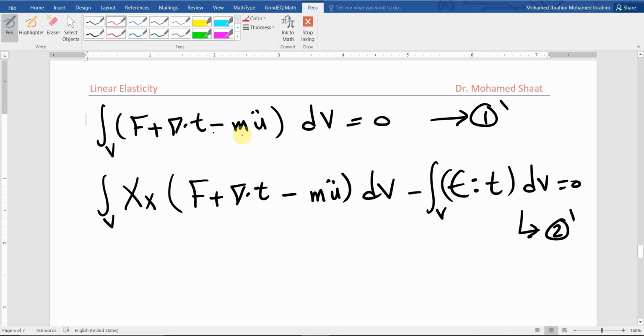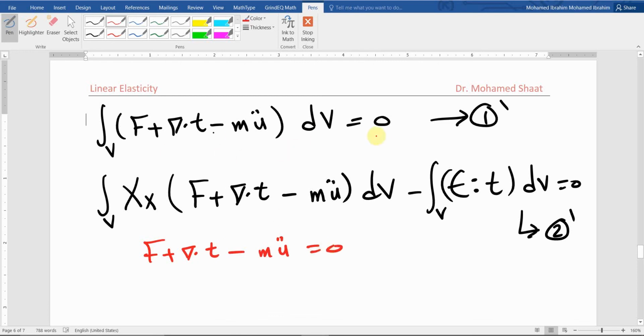So the question is, if the integration of all of these forces over the volume equals 0, does this mean that the sum of these forces equals 0? For example, is it fine if I say that F plus nabla dot T negative mu double dot equals 0?